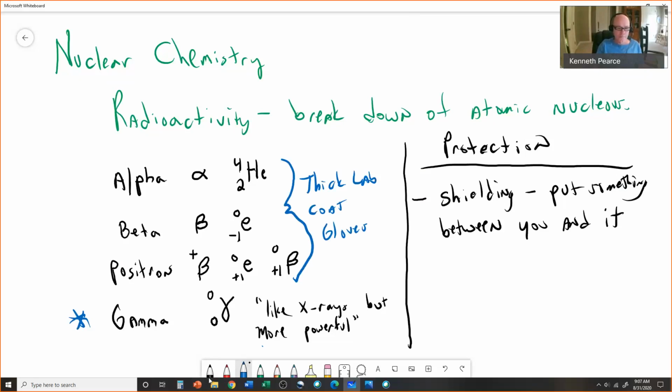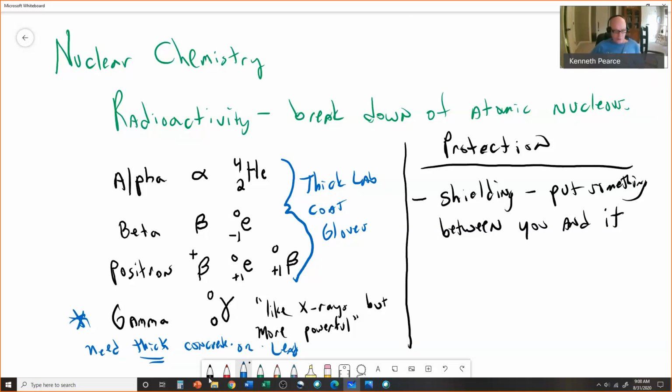But for gamma, you need thick concrete or lead to protect yourself. This is the kind of shielding that you need.